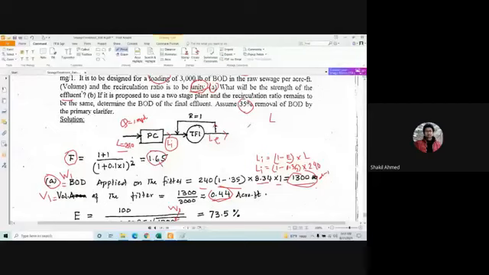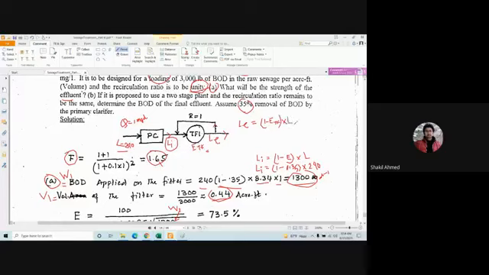Let's say the efficiency of the trickling filter is E. Le will be 1 minus the efficiency of the trickling filter, multiplied by Li.